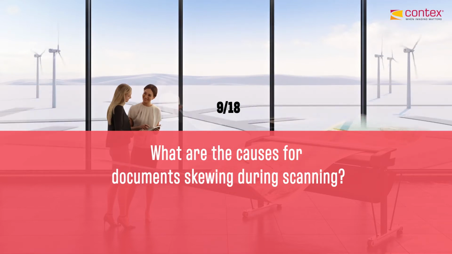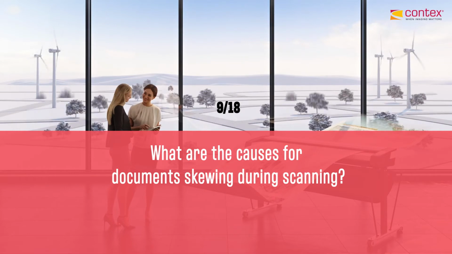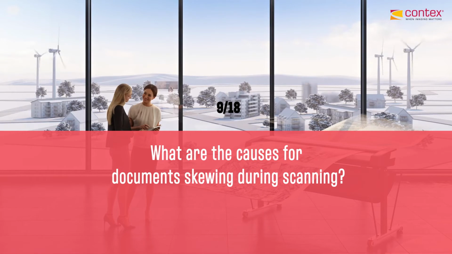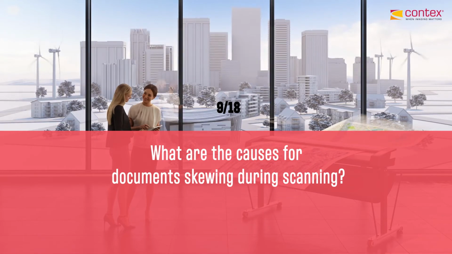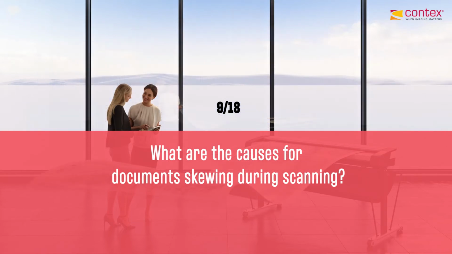If that was enabled or disabled, that can cause no pressure or too much pressure on the paper, and cause some skewing. But normally go to the basics first, clean the rollers, and you'll probably find that's going to solve most of your problems.